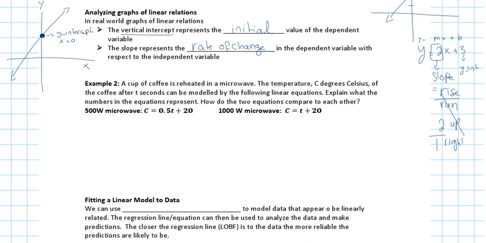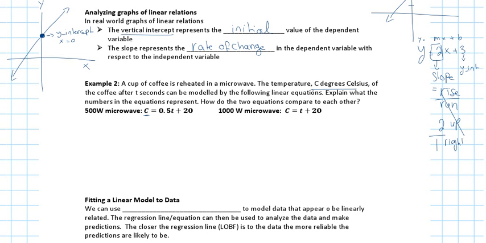C represents what? The temperature, the degrees. So C is equal to 0.5 T. What is T? Seconds. If you put the coffee in the microwave for 1 second, what's going to happen to your temperature?